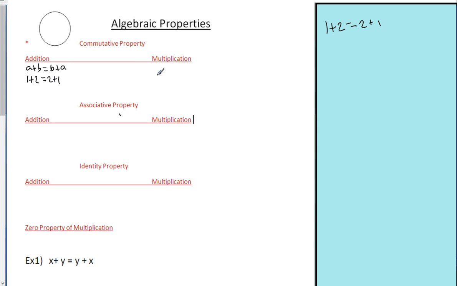Let's do multiplication. Now, if the commutative property of addition is a plus b is equal to b plus a, then the commutative property of multiplication is something like this. 1 times 2 is the same as 2 times 1. Let's write it as variables first. As variables, a times b is the same as b times a.